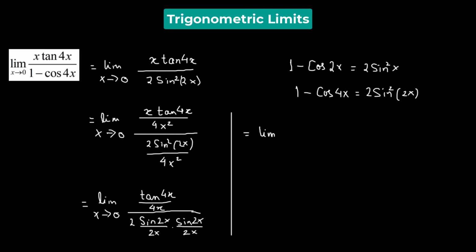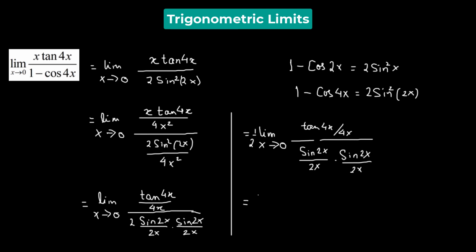Limit x tending to 0. So we can take out the half to the front. So we have tangent of 4x divided by 4x, divided by sine 2x divided by 2x times sine 2x divided by 2x, which will be equal to half.